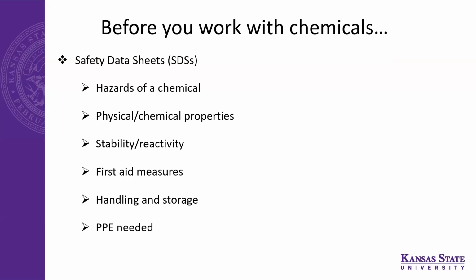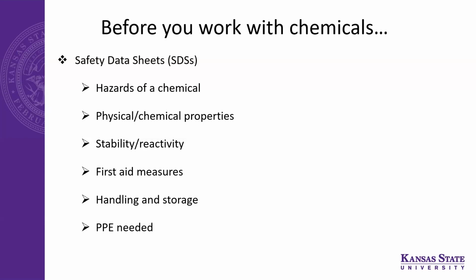So we started with going into the lab. Then we talked about chemicals. So before you buy or work with any chemicals, this is the first place where you will go, the safety data sheets.